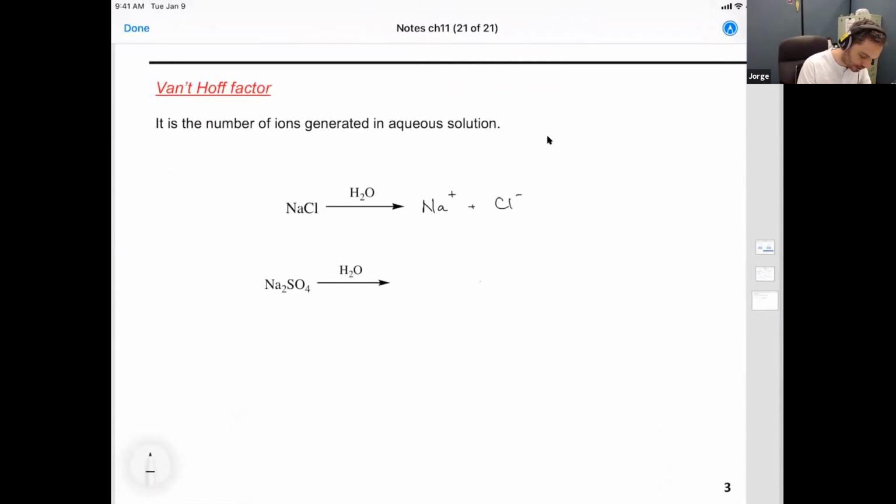Therefore, the Van 't Hoff factor for sodium chloride is going to be the sum of the number of ions. It doesn't matter the charge. One cation, one anion, the Van 't Hoff factor for sodium chloride is 2.